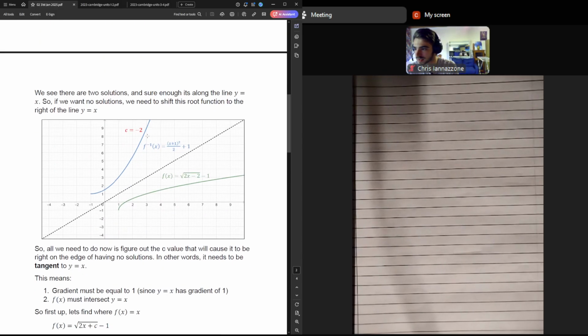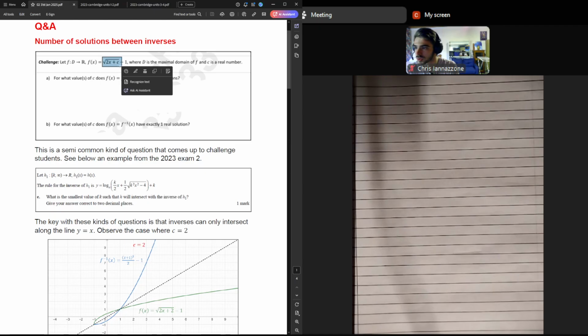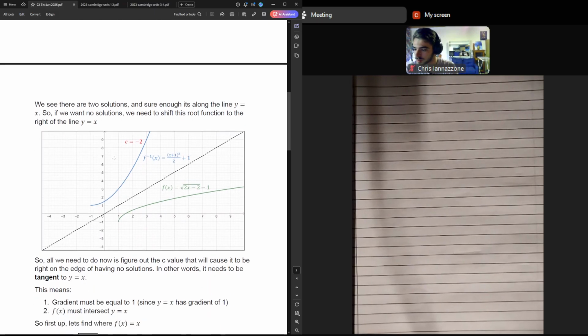You can see that under this circumstance. If you sub in c equals -2, so you put in a -2 onto your horizontal translation, you are shifting it right, and you get a graph that looks like this. You can see f of x is now entirely below the line y equals x, and therefore its inverse is going to be entirely above the line y equals x.